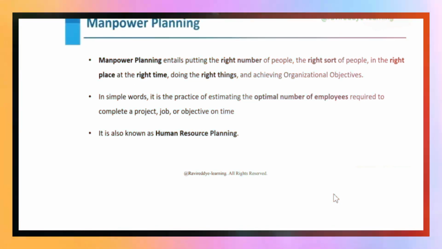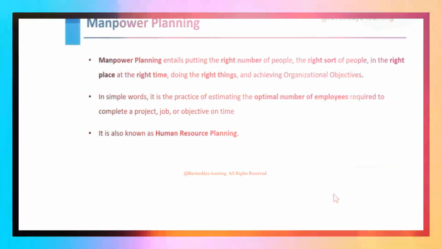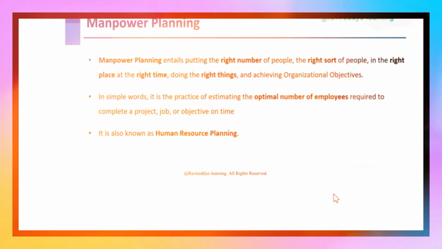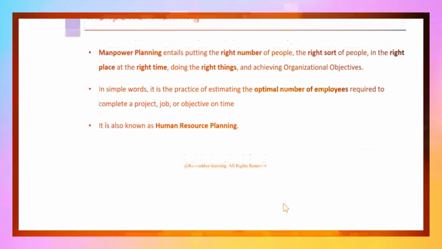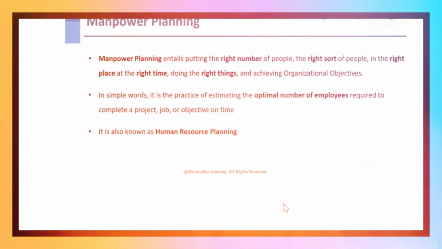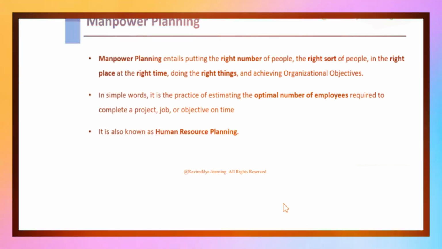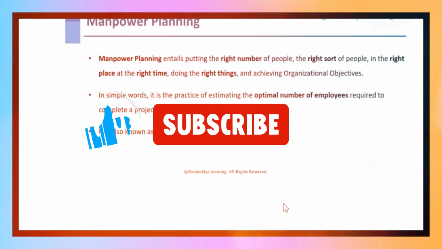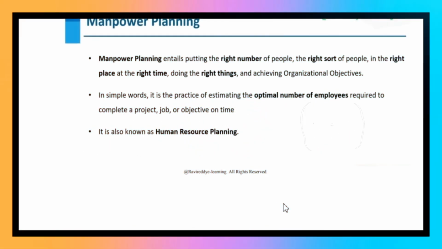So how do we make sure the right people are doing the right things at the right time? To make sure that everything is aligned, we need to plan how many people, the optimal number of people, are required to do a particular task. That's nothing but the need for manpower planning.